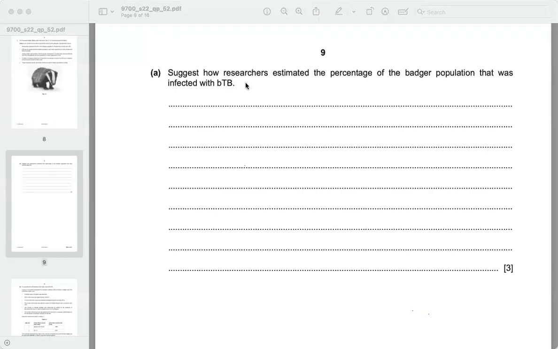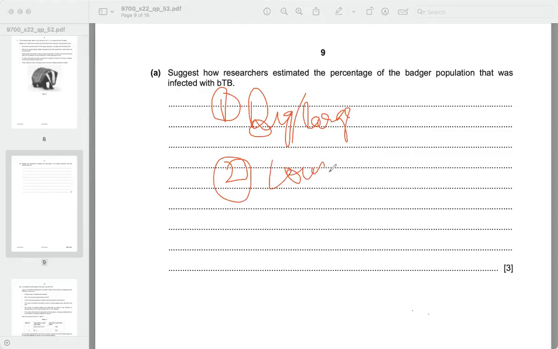First of all, we take a big sample. That is one of the most important things. So we take a big or a large sample. Whenever you want to estimate, you have to take a bigger sample. And in that sample, you have to find the number. So you find the number of the ones which are normal and the ones which have the BTB.